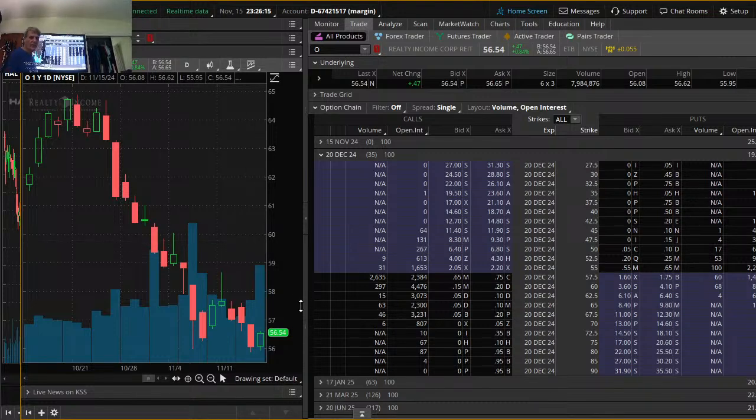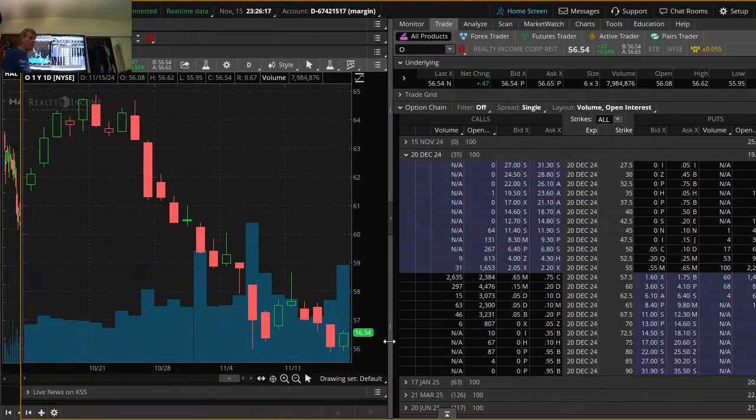Okay, here's 5 weeks. Five weeks ago we were at 62. She jumps up to 65, sinks all the way down to 56. Great. Now tell me where it's going to be in 5 weeks. Hypothetically speaking, she should be right back down here again because she should go up and she should come back down again. But that's the challenge I find with monthlies.